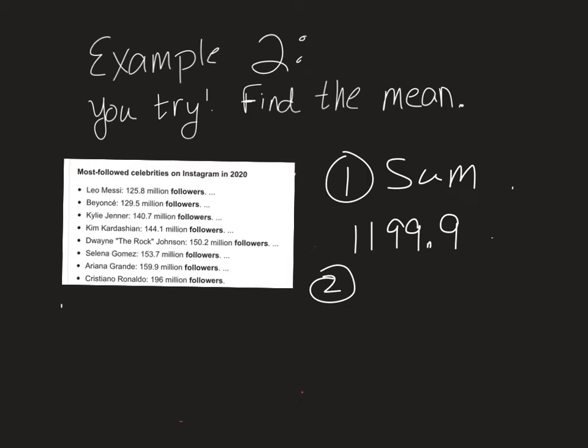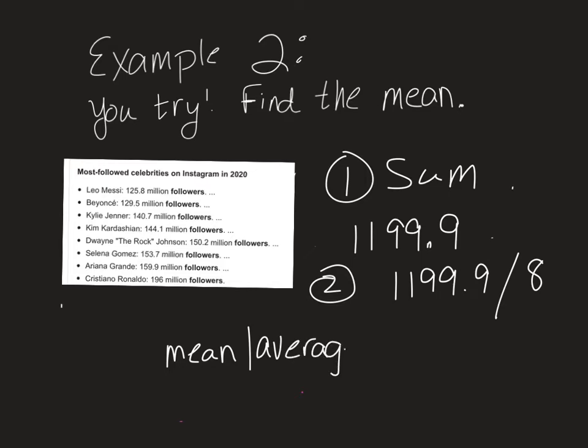Step 2, I divided 1,199.9 by 8, because there are 1, 2, 3, 4, 5, 6, 7, 8 different celebrities listed here. So that gave me a mean or an average of 149. I realized I dropped the ball and I didn't tell you how to round. So I'm just going to write exactly what it was.